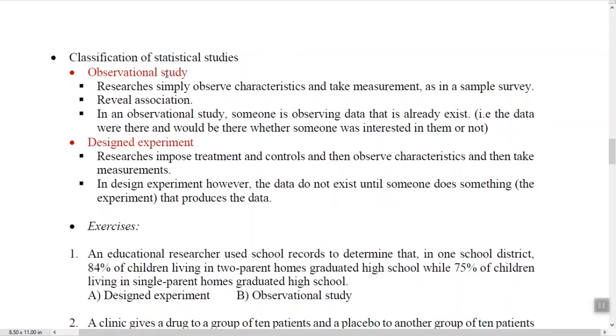Most of the time you can see this kind of experiment in drug experiments, how they test a drug, something like that. So in statistics we are doing these two kinds of statistical studies.